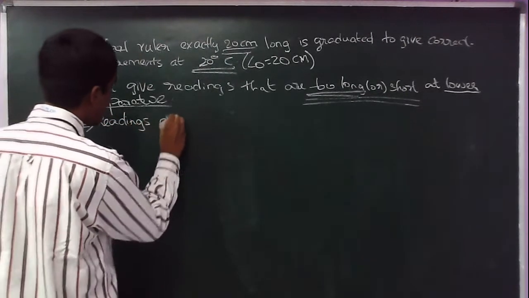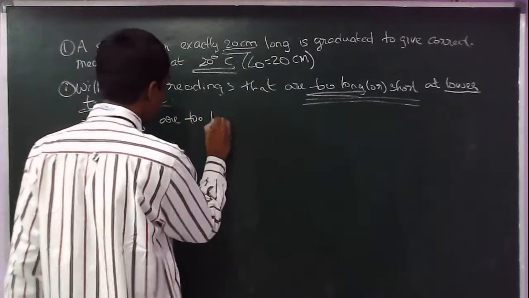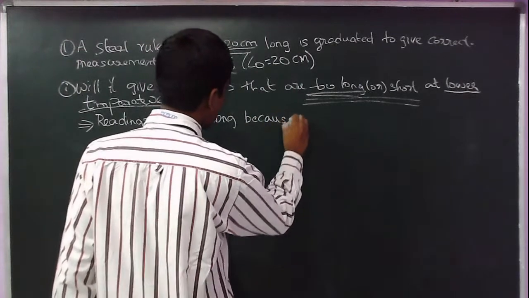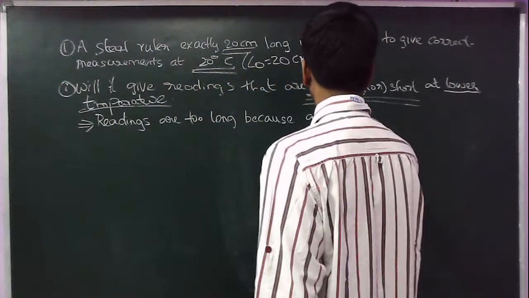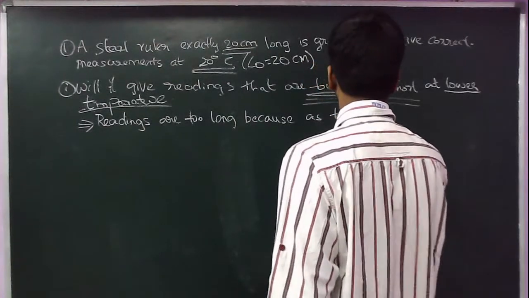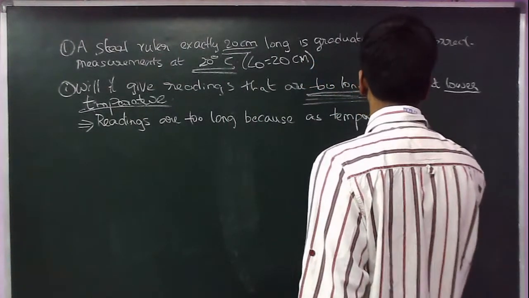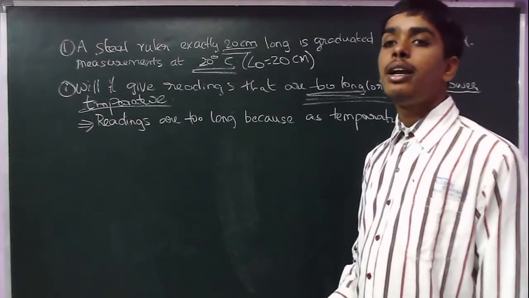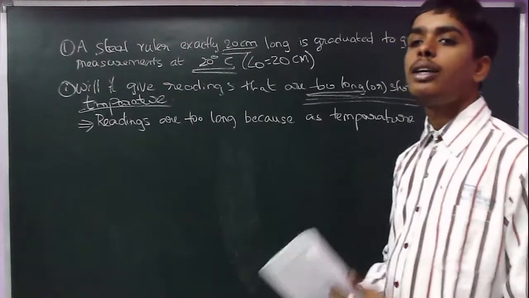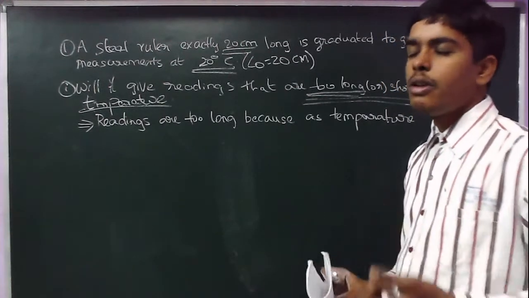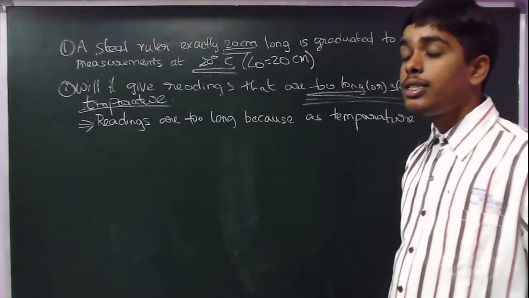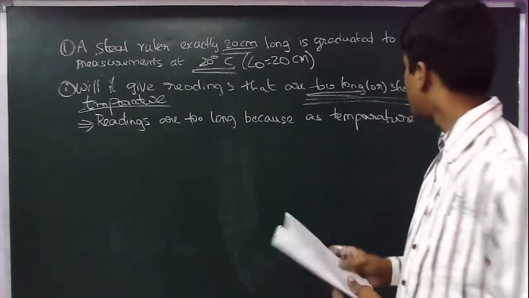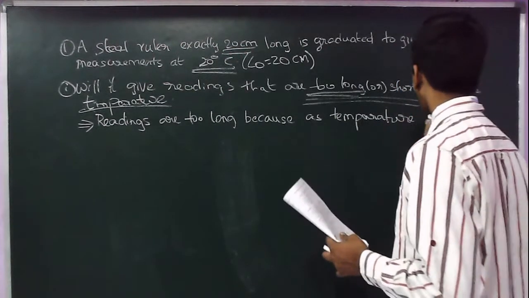Readings are too long because as the temperature decreases, the expansion due to thermal energy decreases, so the length will also decrease due to the decrease in temperature.